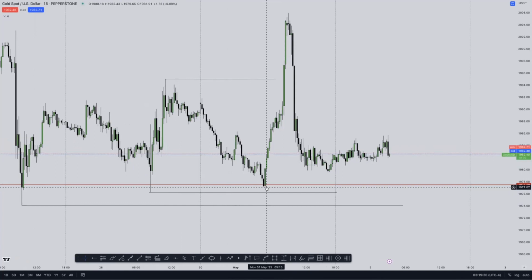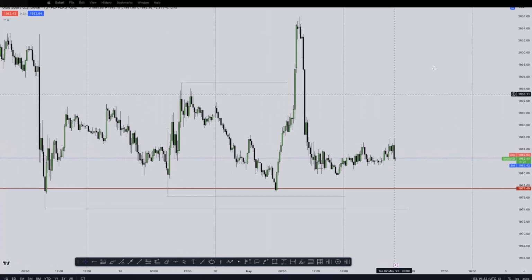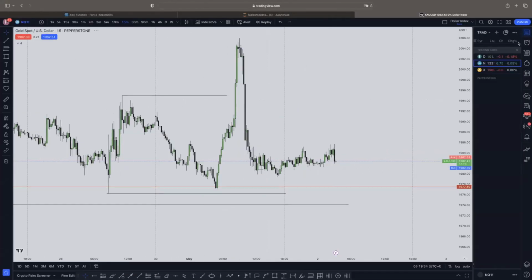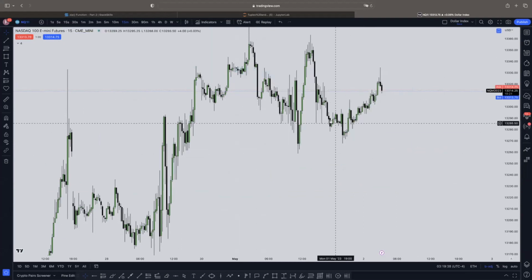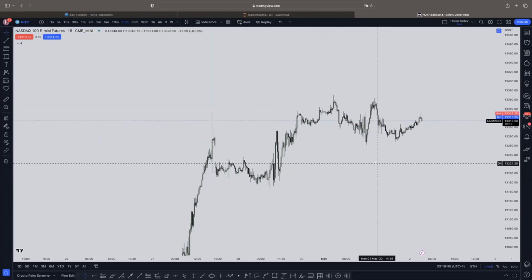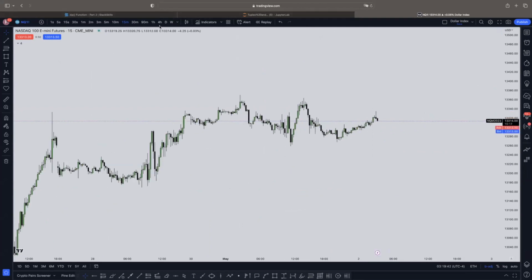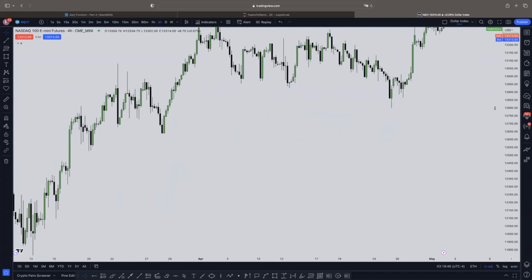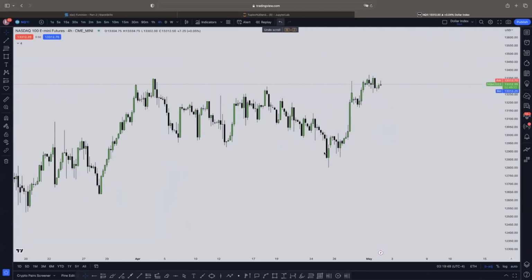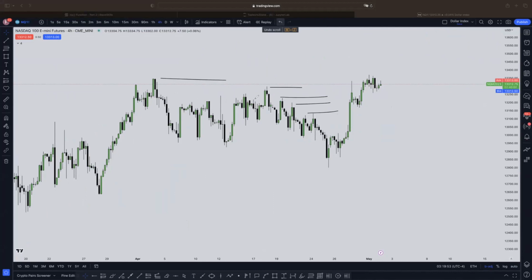They're going to be stacked liquidity, and an example of stacked liquidity would be something like this. If you look at Nasdaq on the 4-hour chart, you see all of this here. That's all stacked liquidity.